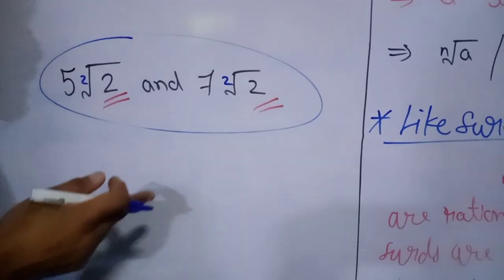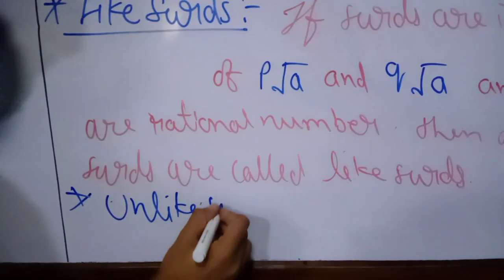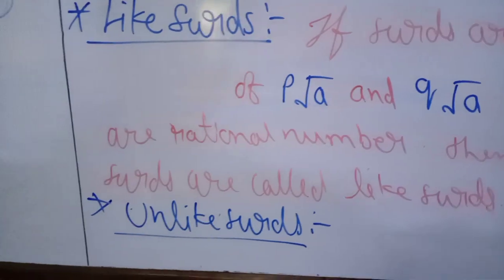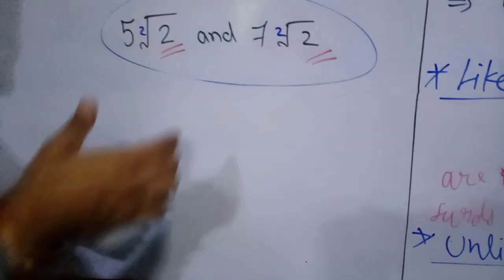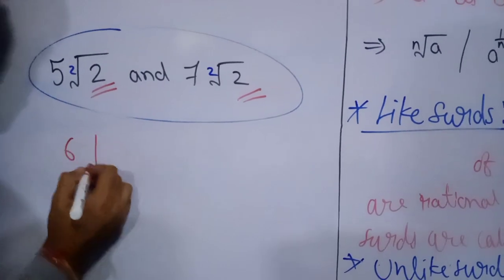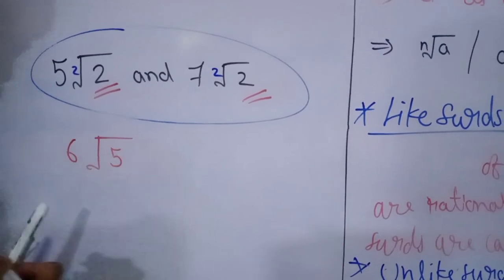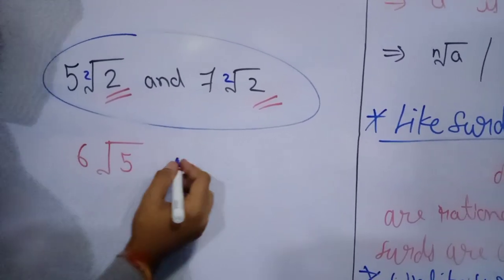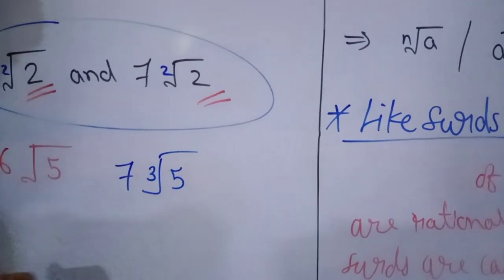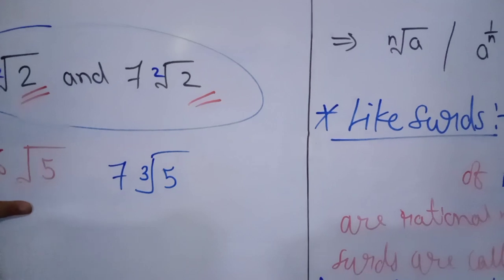Now the opposite of like surds is unlike surds. How are you going to identify unlike surds? Rather than this example, we are going to take 6 under root 5 and 7 under cube root 5. Here we have 3 and here we don't have.